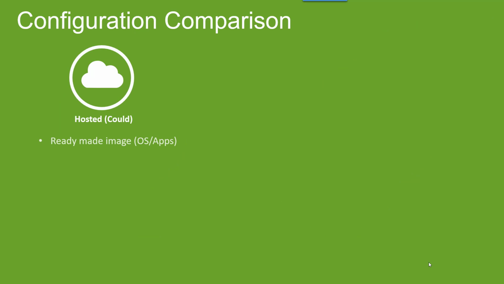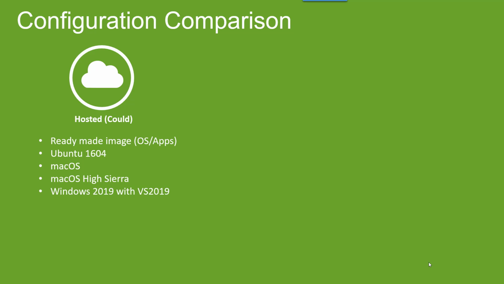Configuration comparison. If we look at the hosted agent, it has ready images, with the operating system and the applications on each image. The first image is Ubuntu 16.04. Another one is macOS High Sierra.